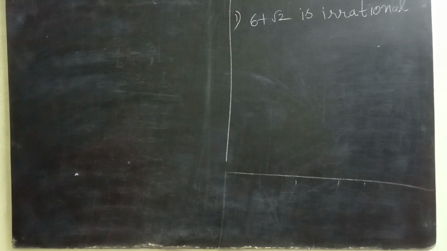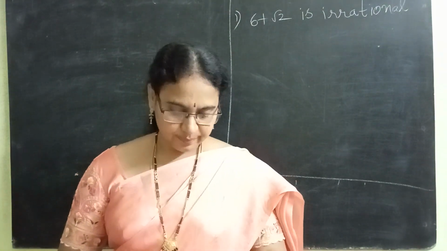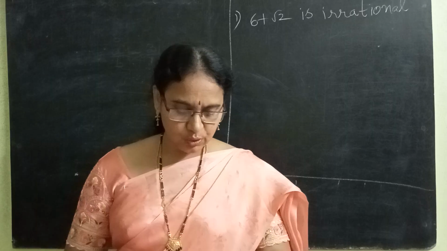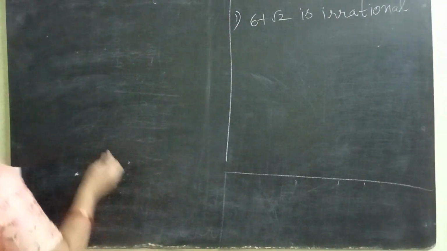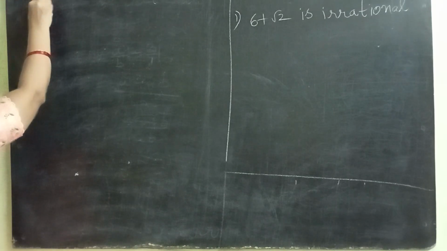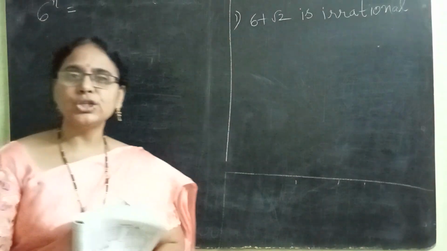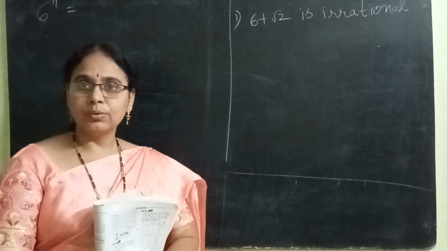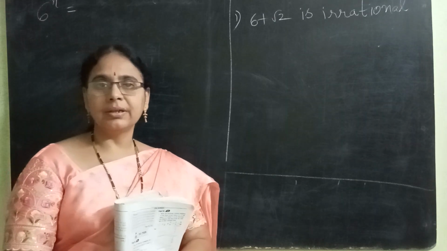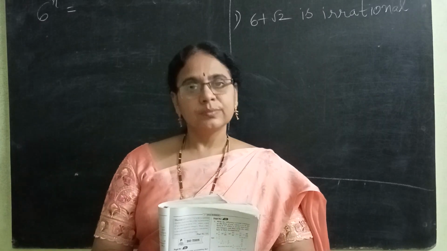Next one is: check whether 6 power n can end with the digit 0 for any natural number n. First, how can you write 6?